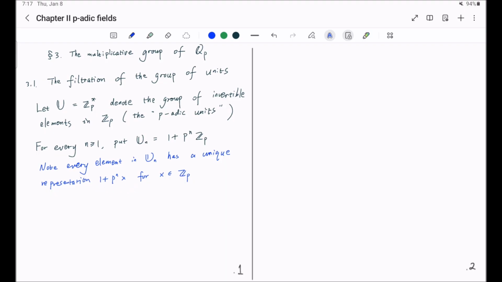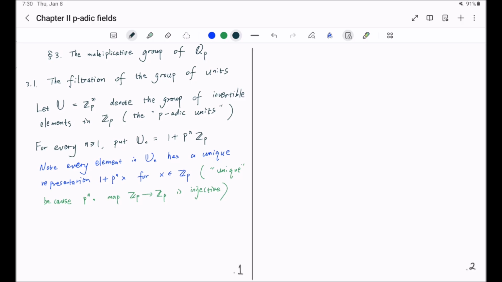It is unique because, remember, the multiplication by p to the power n in Z_p gives an injection. Therefore, if you have 1 plus p to the power n x equal to 1 plus p to the power n y, then x must be equal to y due to the injectivity.